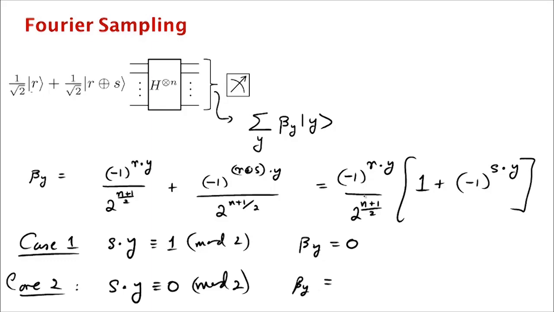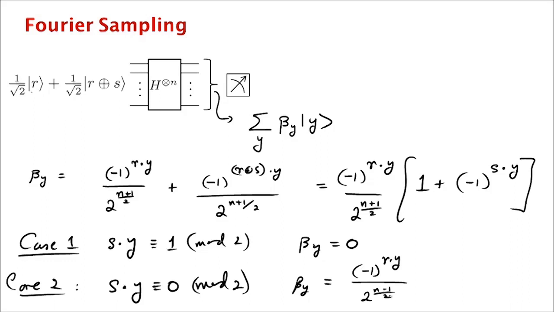Well, it's minus 1 to the r dot y. S dot y is 0, so this is times 2, divided by 2 to the n plus 1 over 2. So it's 2 to the n minus 1 over 2.